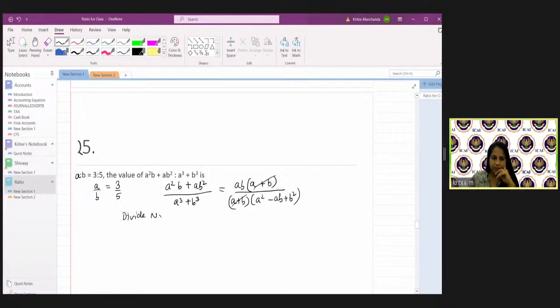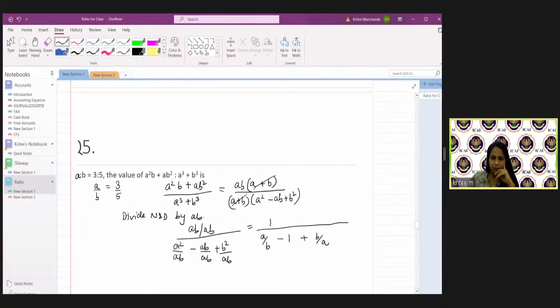Divide numerator and denominator by AB. So numerator, when it is divided by AB, makes it 1. Denominator, each term to be divided by AB. So this is 1 upon A by B minus 1 plus B by A.